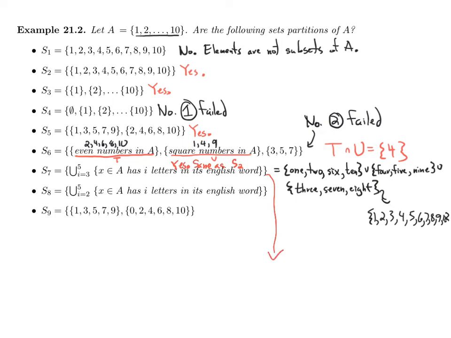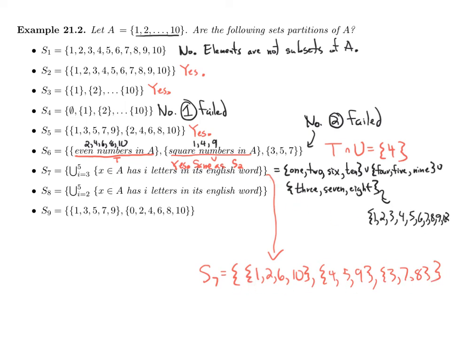If S7 looked like this, if it was just these sets, not the union of them, but the separate sets, 1, 2, 6, 10, and then 4, 5, 9, and then 3, 7, 8, now this would be a partition, a different partition, but a partition.